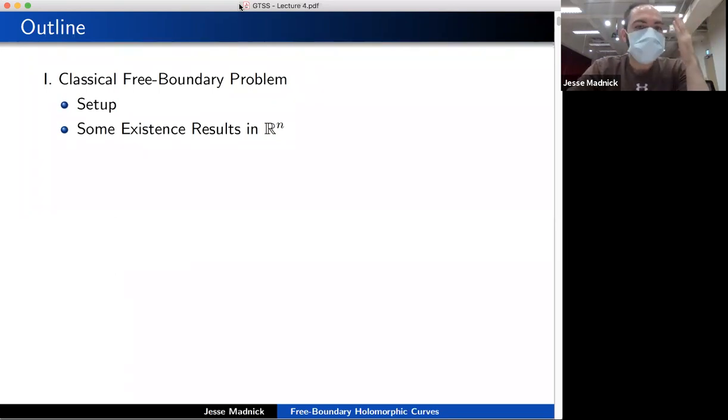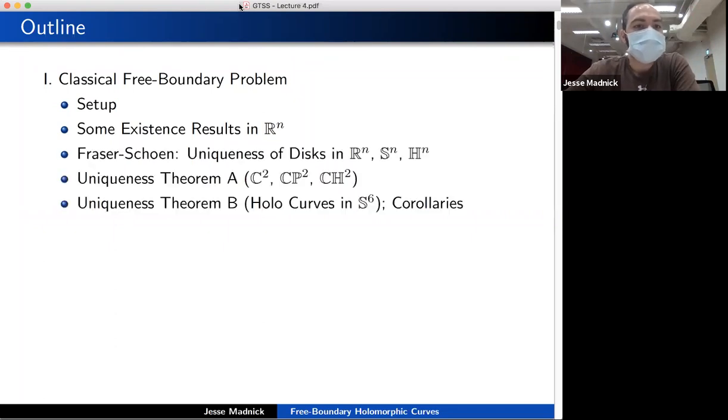There are various questions you can ask, about existence and uniqueness and the Morse index. In this part, I'll just summarize a few of the existence results that are known, just to give a sense that there really are many free boundary minimal surfaces in the 3-ball in R3, for example.